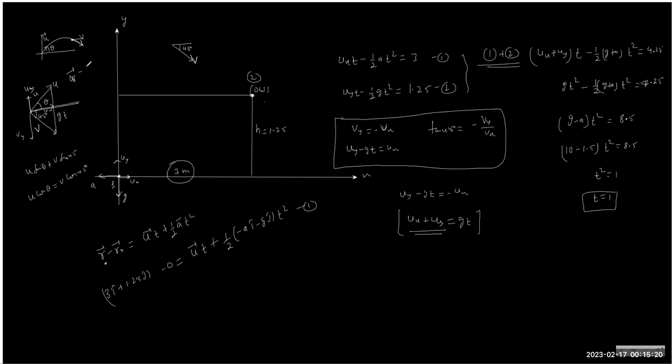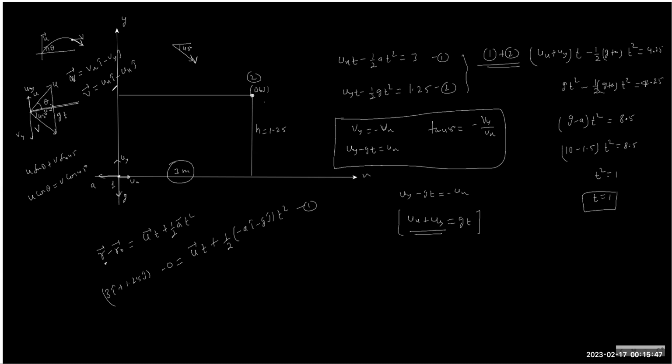So V vector is how much? Vx i minus Vy j cap, right? And Vx will be the same as Ux. And because the components are equal value wise, it is Ux j cap, right? The value wise.